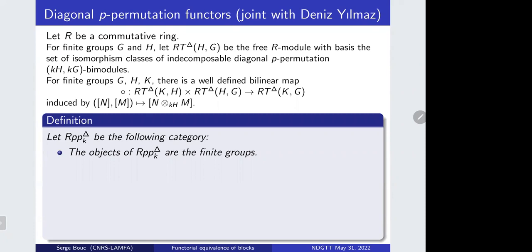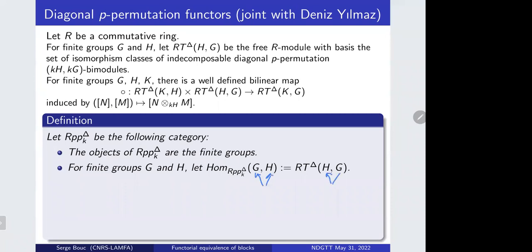The objects of this category are the finite groups, and the hom set from G to H in that category is this module RT delta of H and G. You will observe immediately that we switch the variables, which is very convenient when working with these bilinear maps that we will use as a composition in that category.